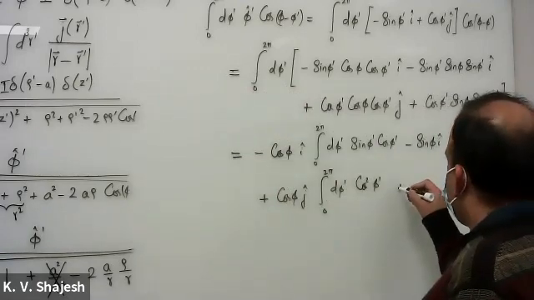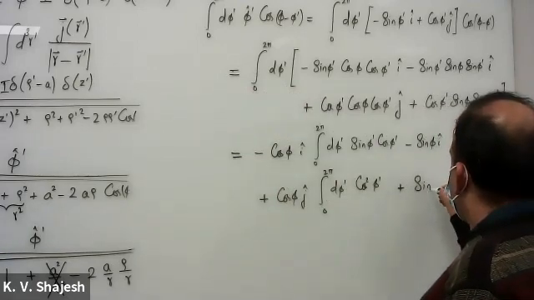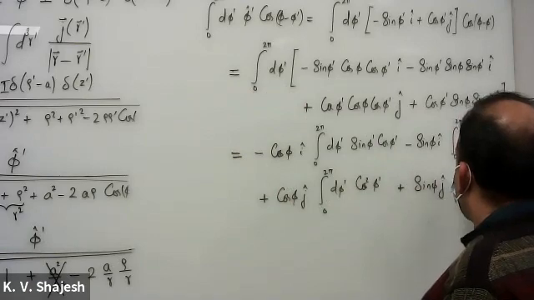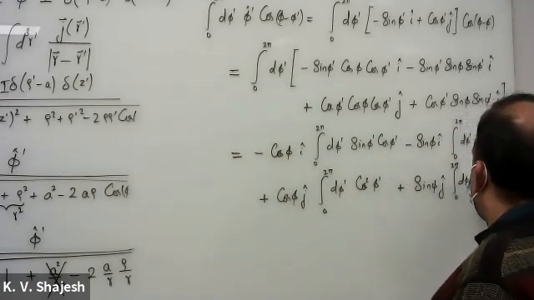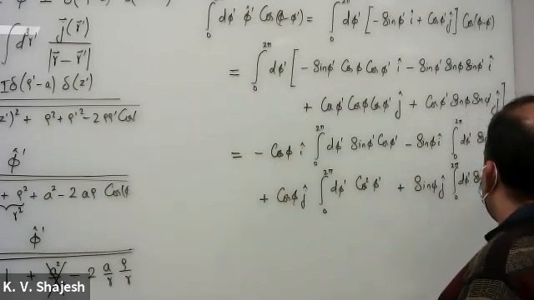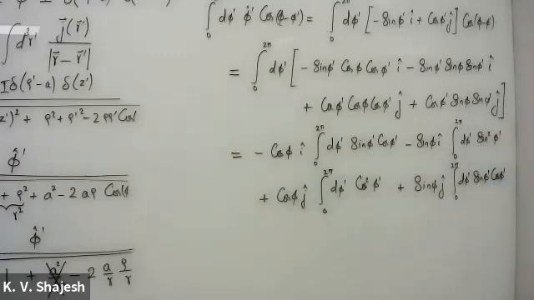And finally, plus sine phi j hat, 0 to 2 pi d phi prime sine phi prime cosine phi prime. Just expanding with blunt algebra there.